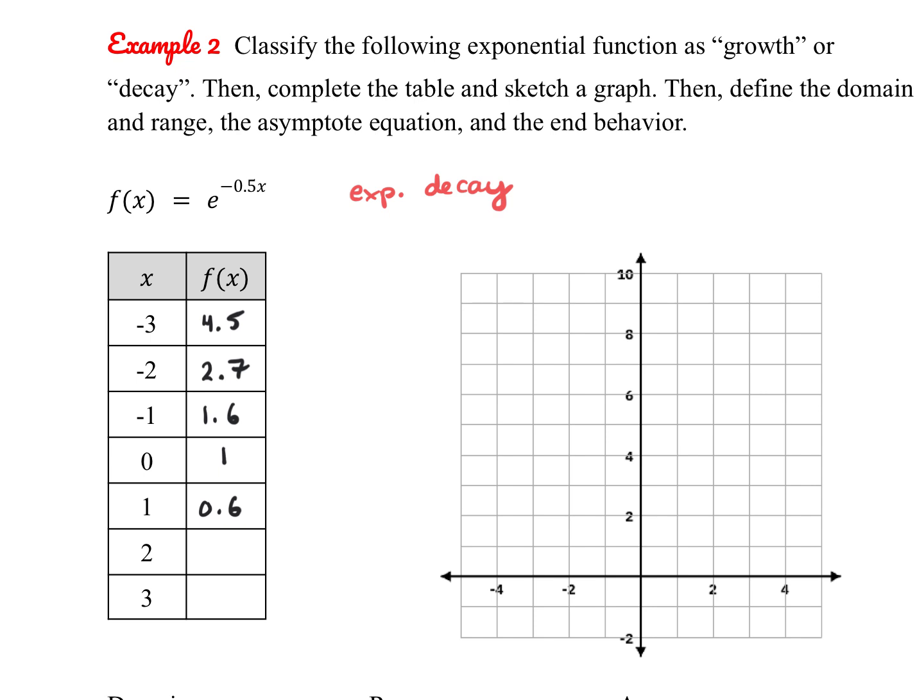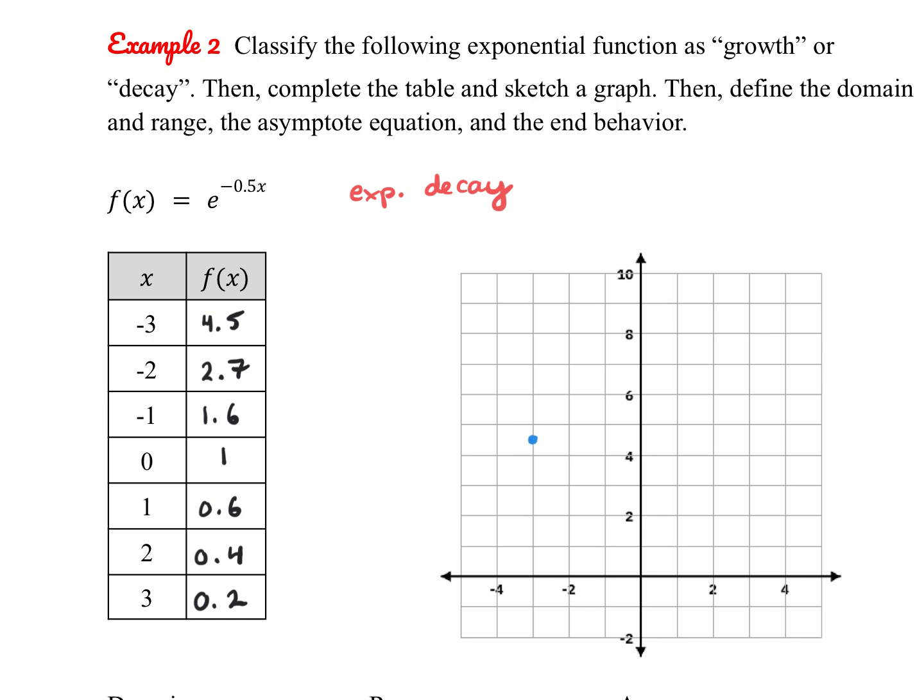And then you can plug in 2, and we get about 0.4. And last, we can plug in 3. Gives us about 0.2. So if you plot those points, again, we're just kind of approximating where they are.